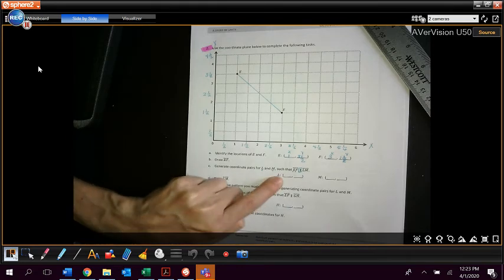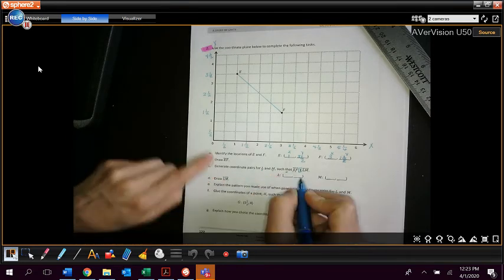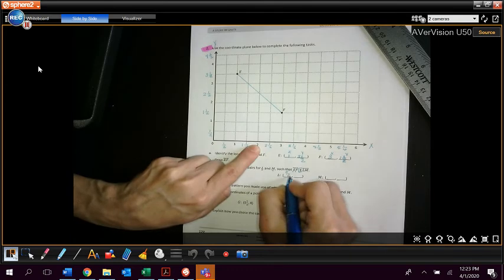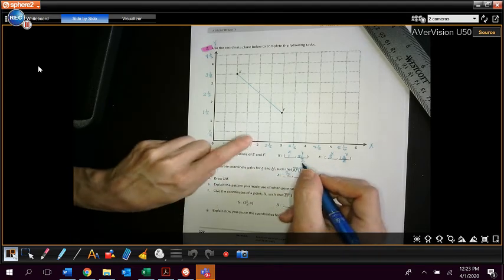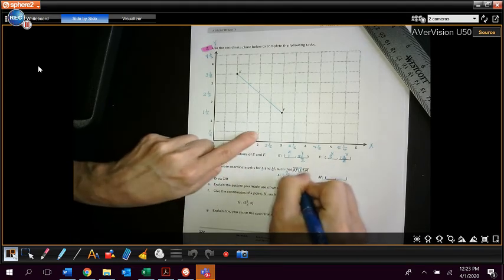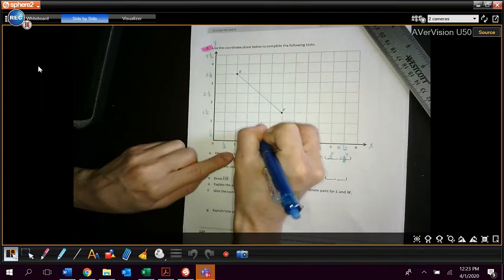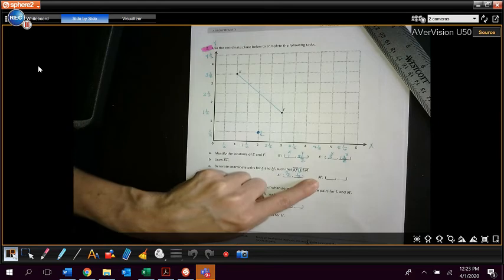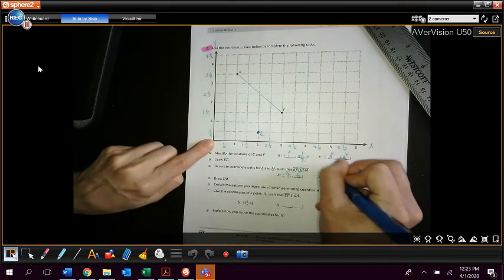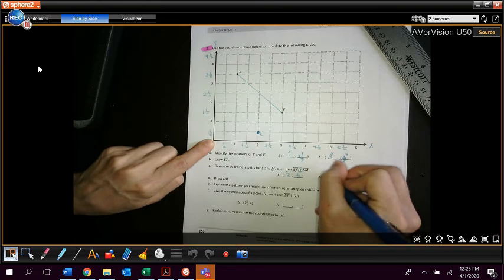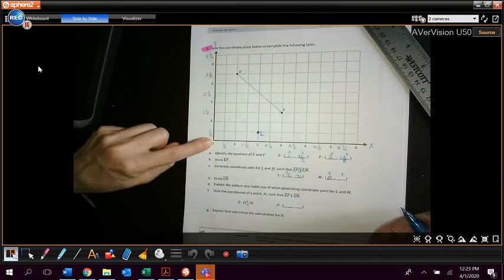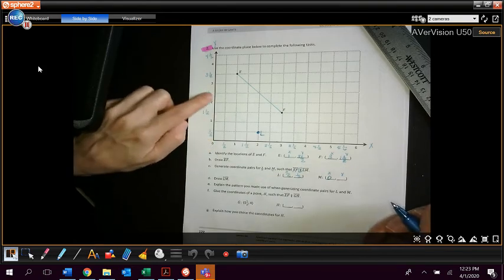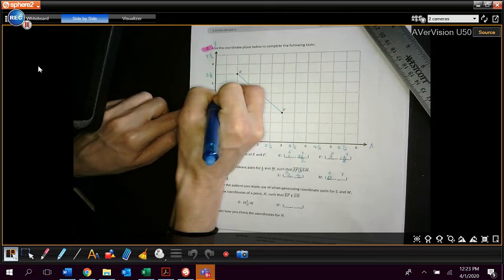For my L, I'm going to choose for my X 2, and for my Y, I'm going to choose half. That's going to be L for me. And for my M, I am going to do 0, which is the origin. And I'm going to go to 2 and a half, which is right here, my Y.